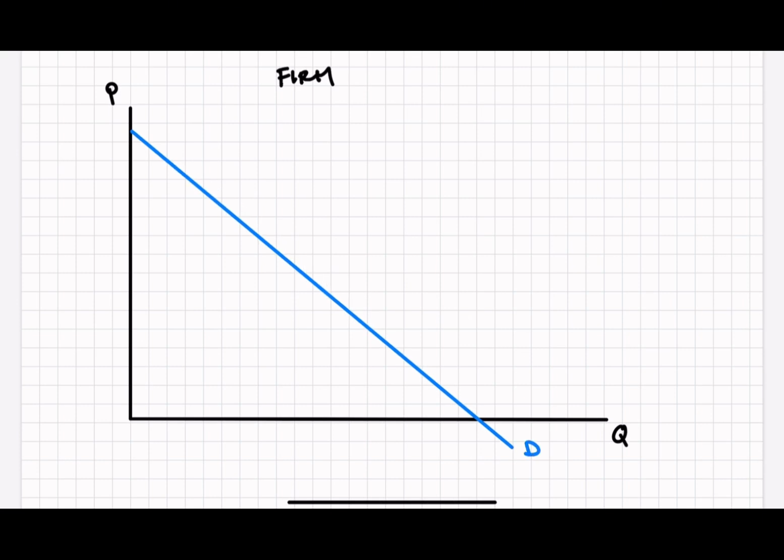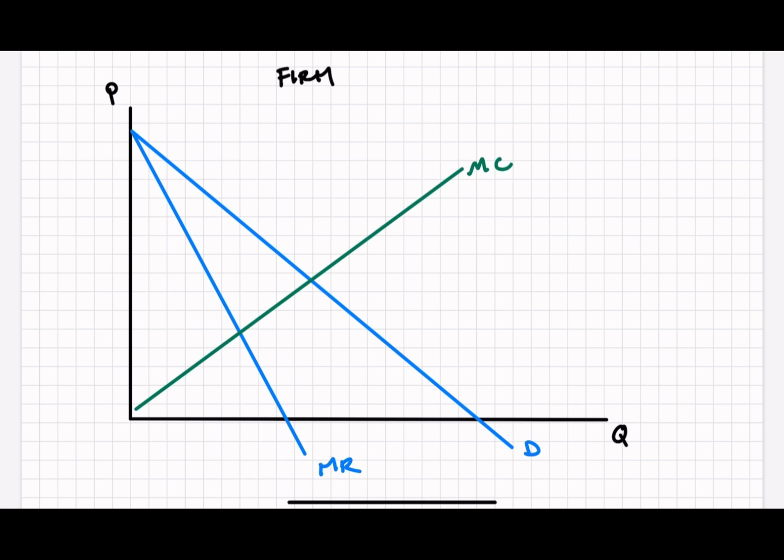With the market power to be price setters, they also face a marginal revenue curve that falls below the demand curve. And because we're looking at the firm, we're going to look not at the supply of the market, but at the marginal cost of the individual firm.